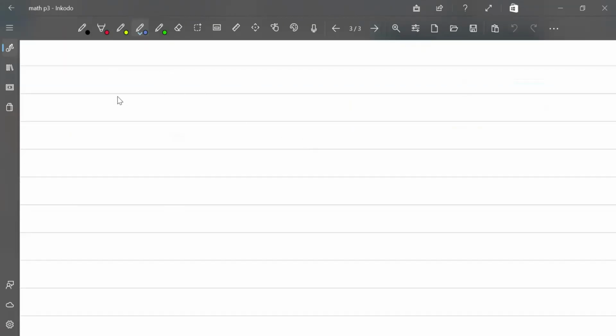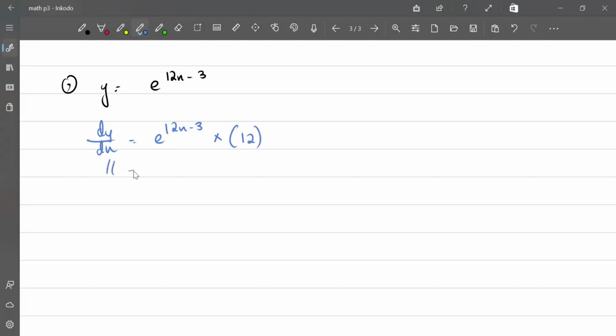When y is equal to e^(12x-3), dy/dx would be e^(f(x)) into the differential of f(x), which is 12. So dy/dx is 12e^(12x-3).